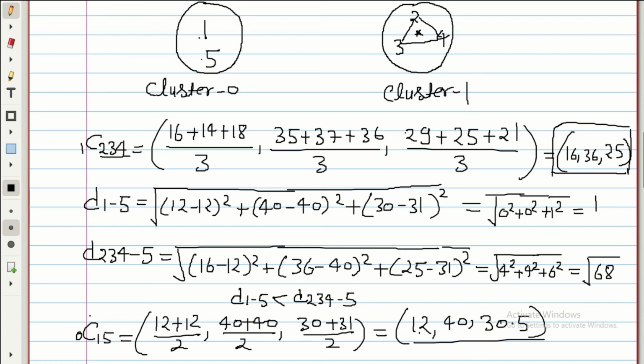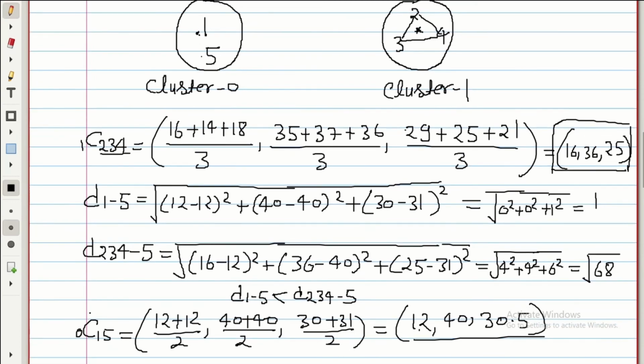And point number 1, which I have already taken as cluster center or centroid, and 5 will be in one cluster, 2, 3 and 4 would be in another cluster, if you have decided to partition into 2 clusters.